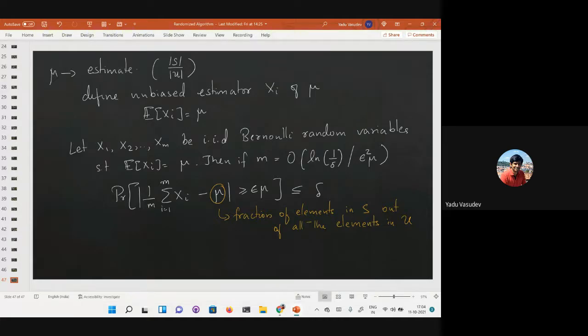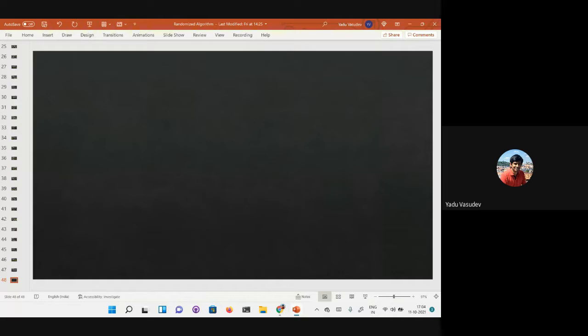Okay. So let's look at how we are going to apply this Monte Carlo method for DNF counting. What we are going to get is a type of randomized algorithm, what is known as a fully polynomial time randomized approximation scheme.